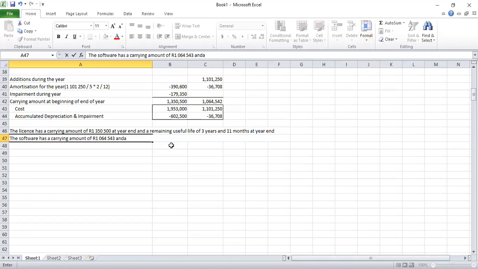And a remaining useful life of, right, since this is 5 years and 2 months have already gone, so that means there will be 4 years and 10 months at year end.